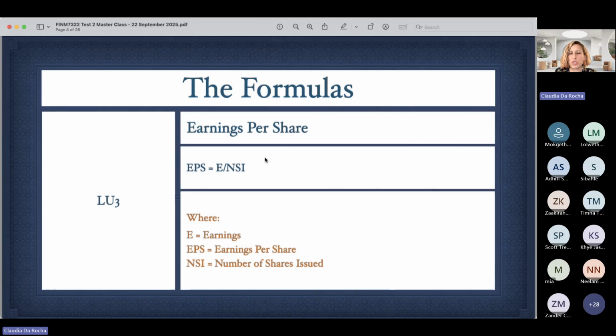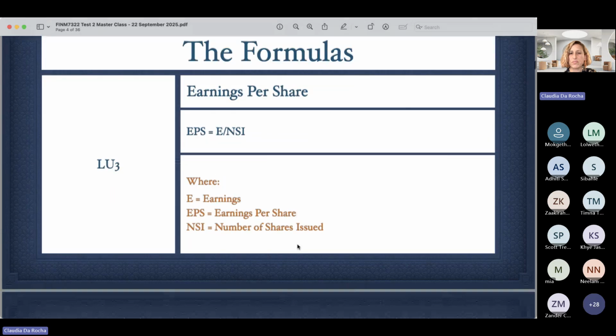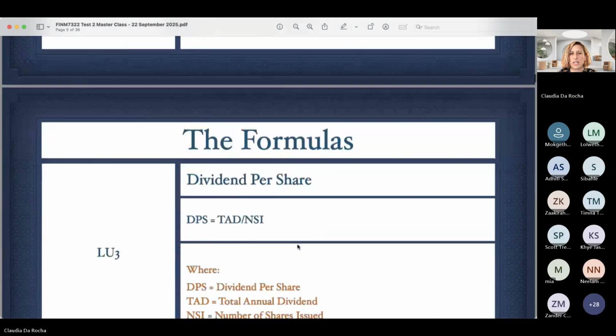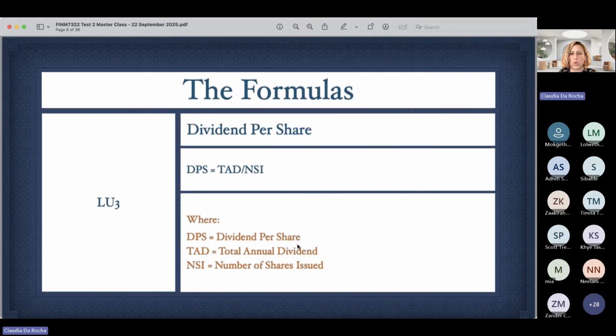So we've got earnings per share, which is our earnings over the number of shares issued. You've got your price to earnings ratio, which is your share price over your earnings per share. You have your dividend per share, which is your total annual dividend over your number of shares issued.